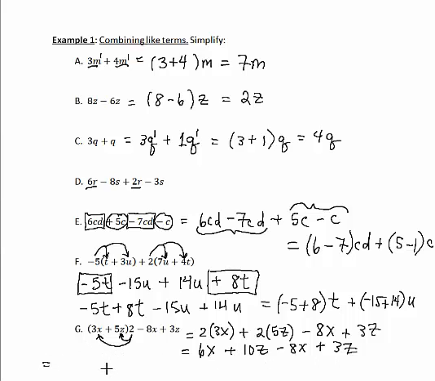Rearranging the terms to where the like terms are side by side, I could write 6x minus 8x. That takes care of those x terms. And then all I have left is a plus 10z plus 3z.